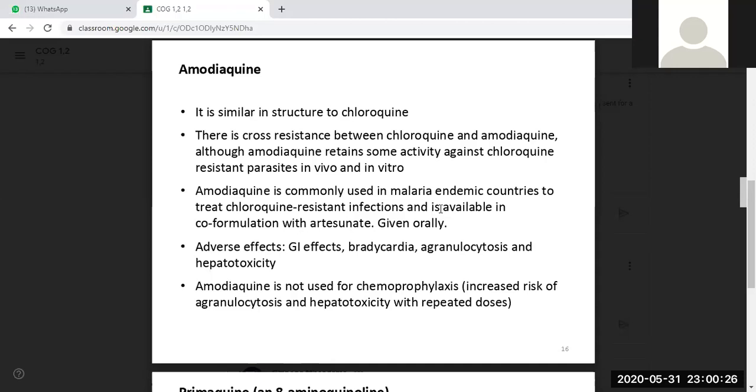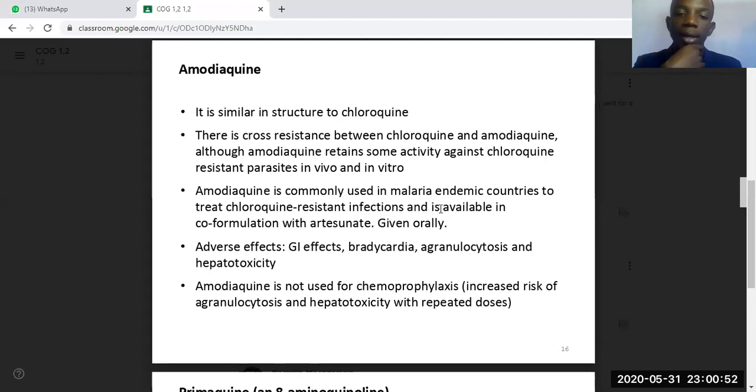And then we give this drug orally. Adverse effects include gastrointestinal effects, okay, such as vomiting, nausea, abdominal pain. We can have bradycardia, hepatotoxicity. Okay, those are some of the common adverse effects associated with amodiaquine.